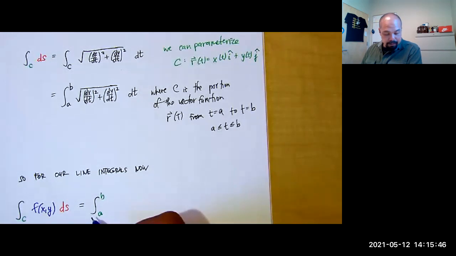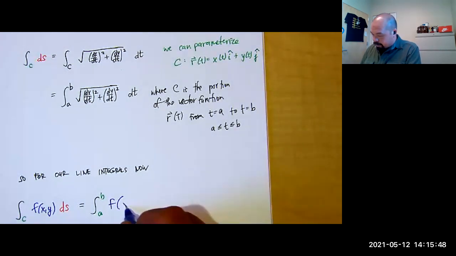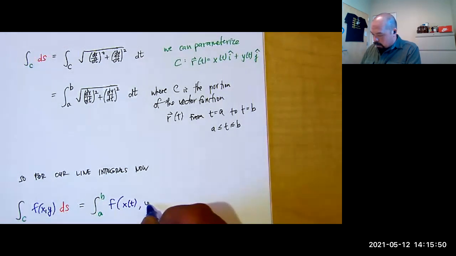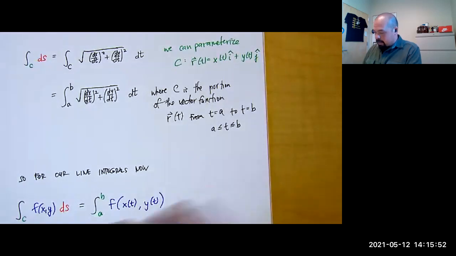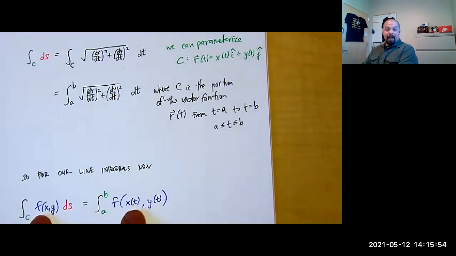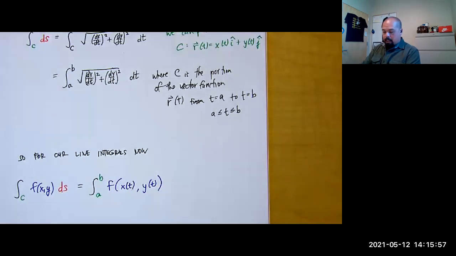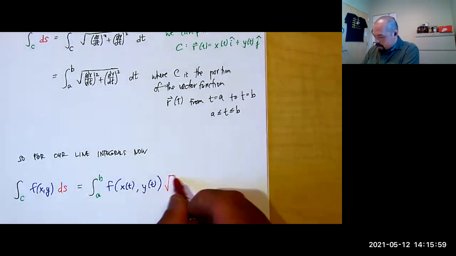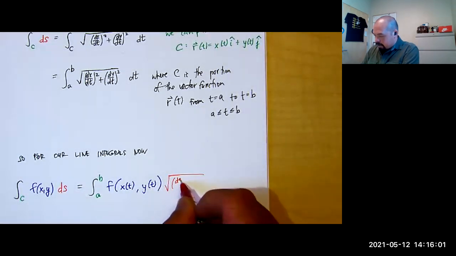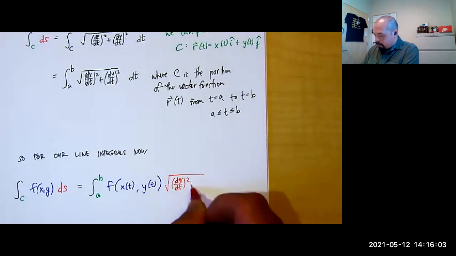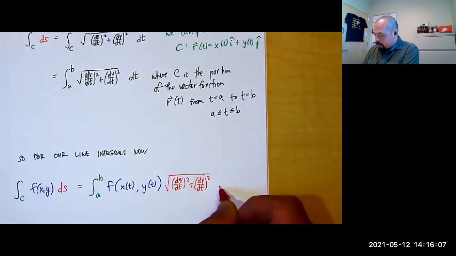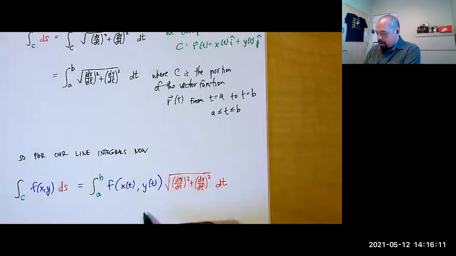Our function f of x of t, y of t, right? Replacing x and y with this parameterized form in terms of t. And then for that ds, that arc length, the square root of dx/dt squared plus dy/dt squared dt, right?